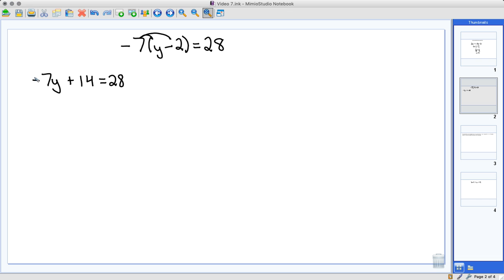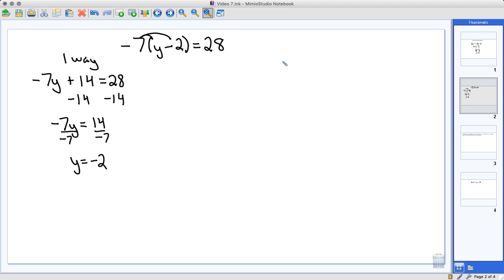So then, again, two-step equation, we just got done solving those. So you subtract 14. Negative 7y equals 14. Divide by the negative 7. y is negative 2. So that's one way.